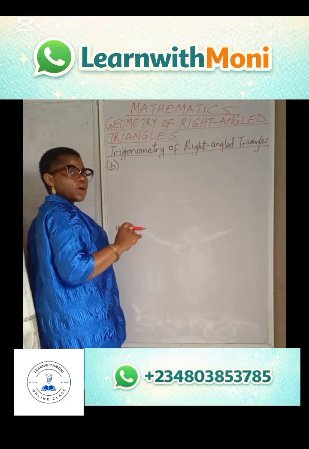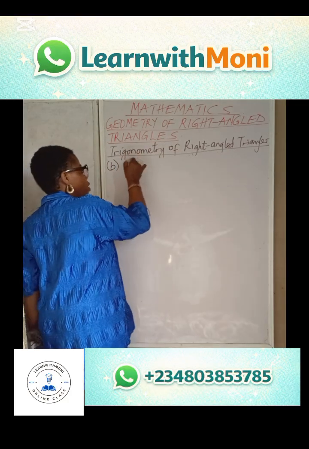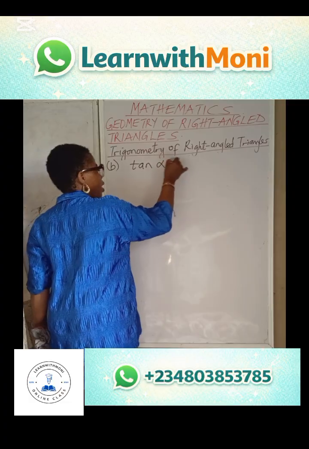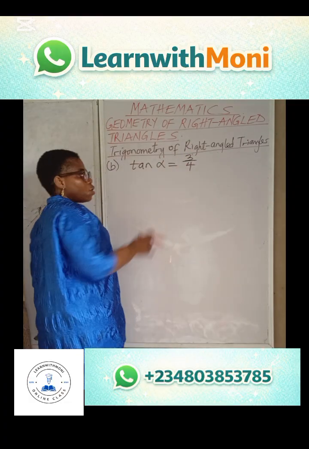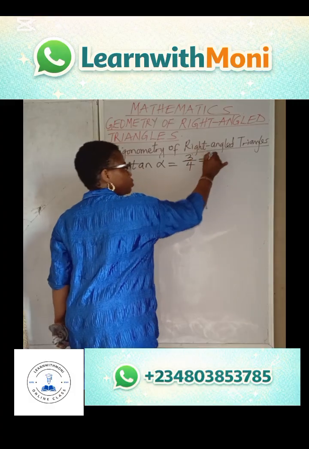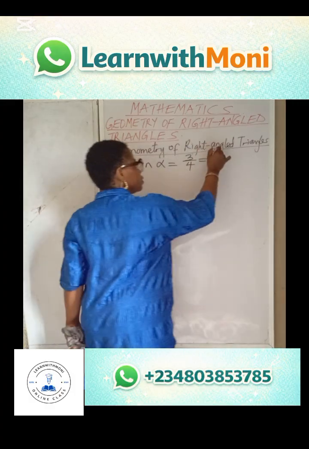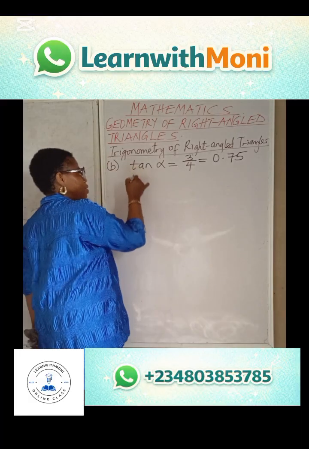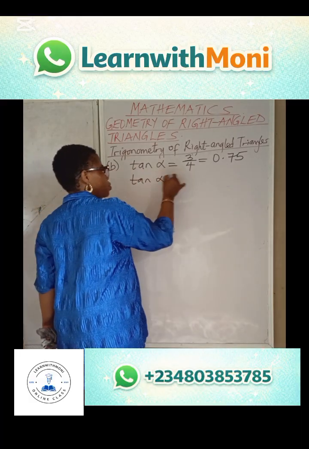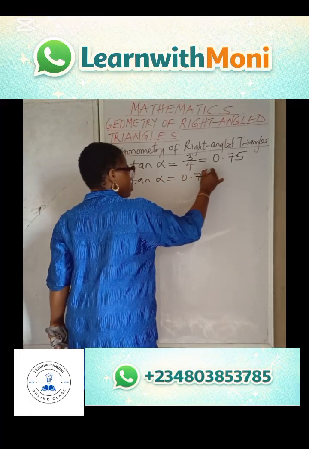From the A part of our question, we got that tan alpha is equal to 3/4. Converting 3/4 into decimal is 0.75. That means tan alpha is equal to 0.75.